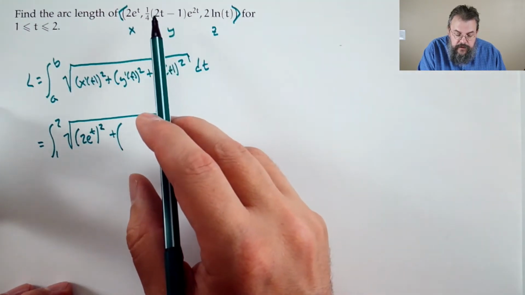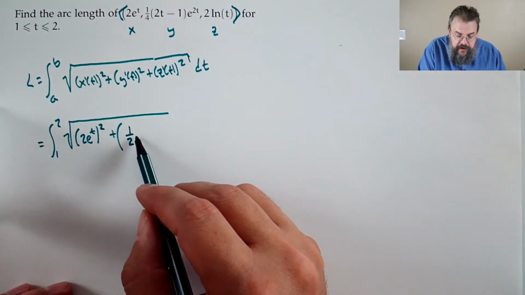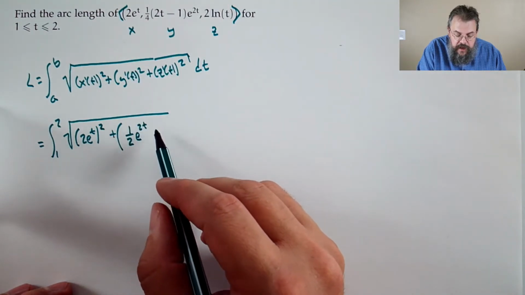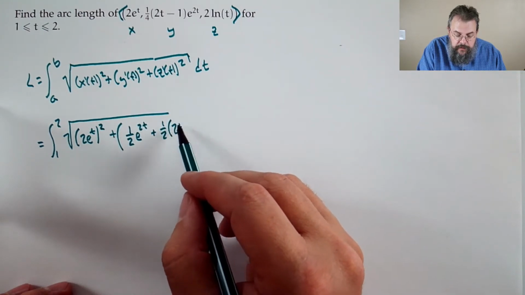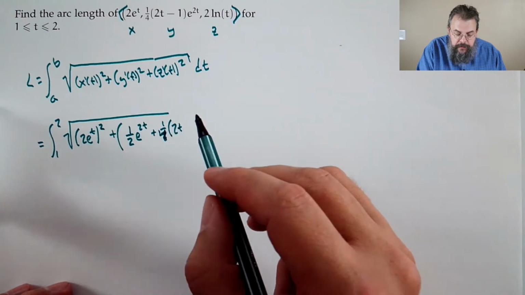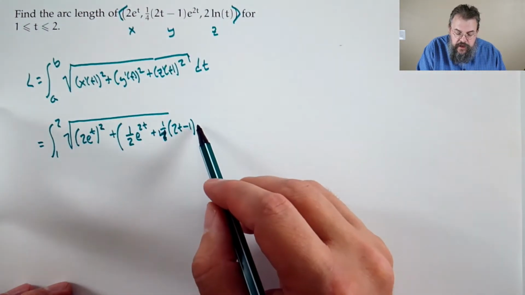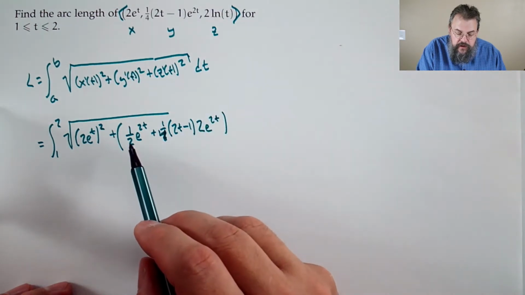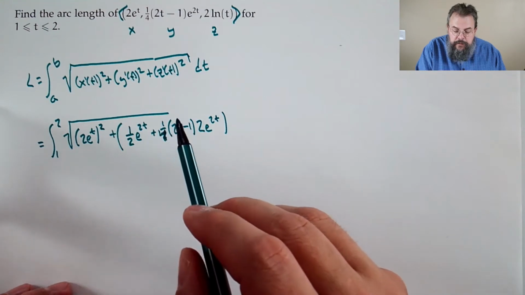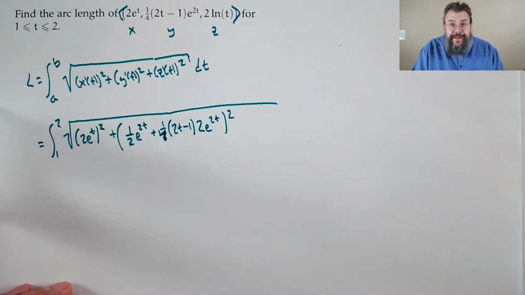So derivative of the first, 2 times 1/4, gives us 1/2 e^(2t), plus 1/4 (2t - 1) times the derivative of e^(2t), which is 2e^(2t). So it's the derivative of the first times the second, plus the first times the derivative of the second. Squared. Don't forget the square.